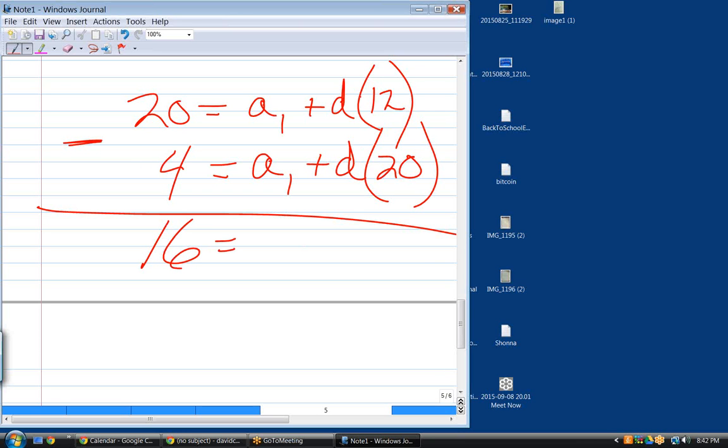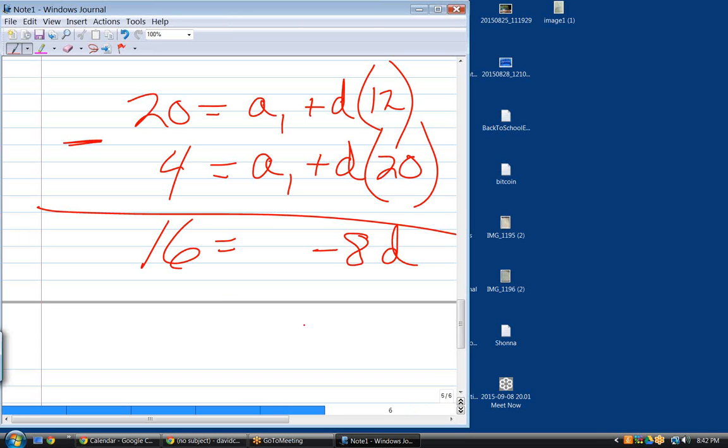I've got 12D here and I got 20D there. Okay, what's 12D minus 20D? 12 minus 20 is negative 8. So that's negative 8D. Don't be fooled by the number being to the right of D. That's still the coefficient of D.